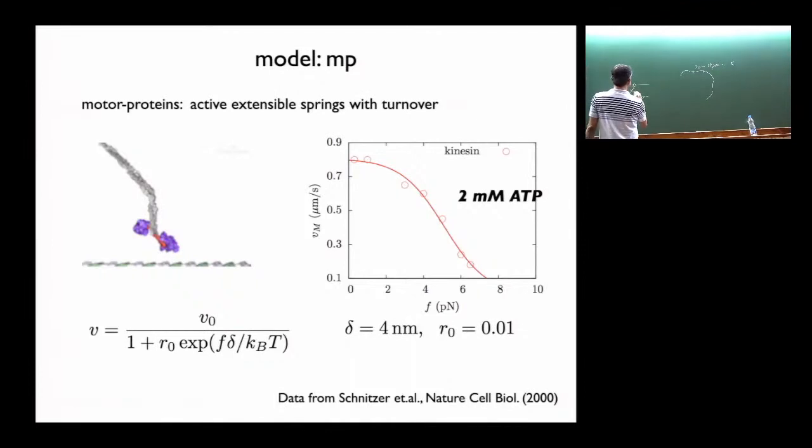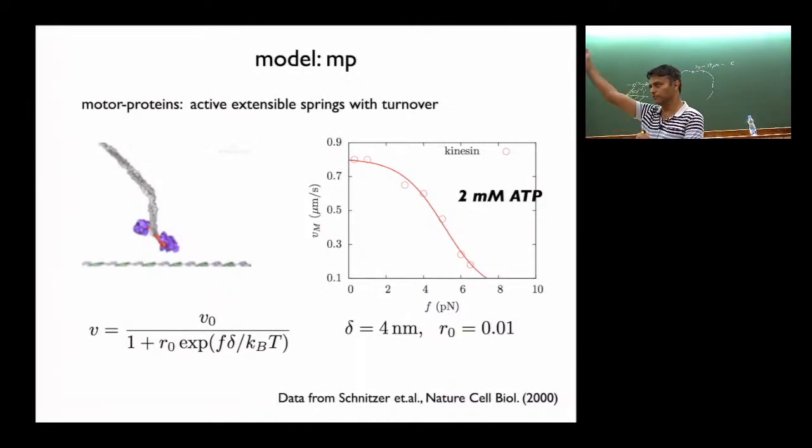This spring has a typical length scale, I call this length scale Y. So that's the length scale of the spring. If the molecular motor tries to walk, this spring will stretch, right? So Y will go to some Y prime. So that's the model of the motor.